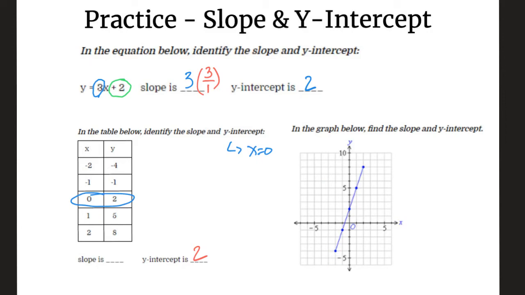So I'm just going to put the word rise over here next to y because that's what rise is associated with, how far up or down we went in the y direction. And conversely, run, we're going to run to the right all the time. So that's with our x values.